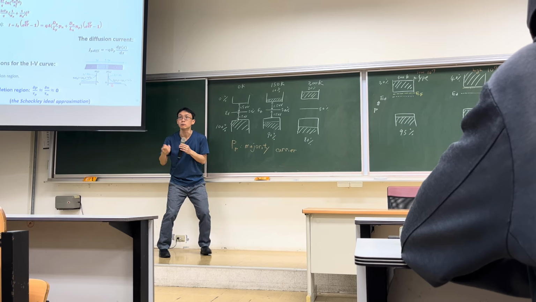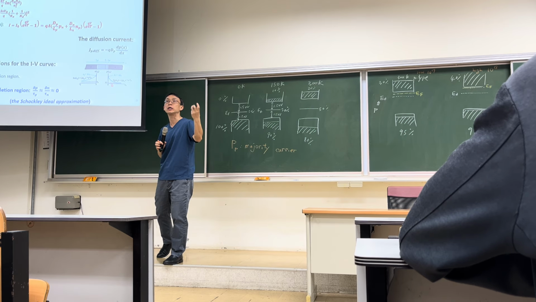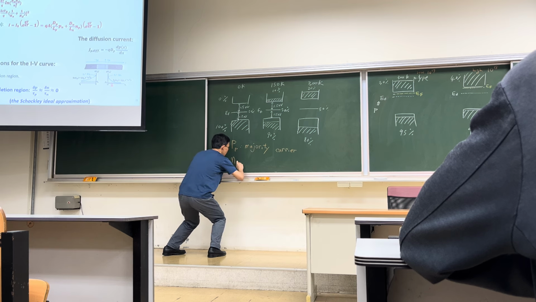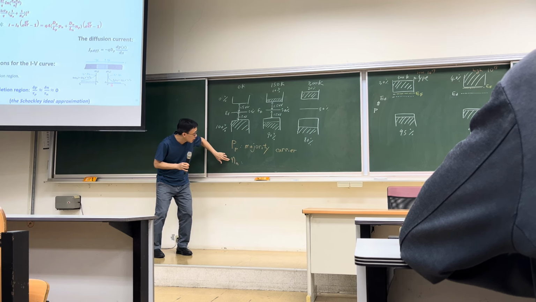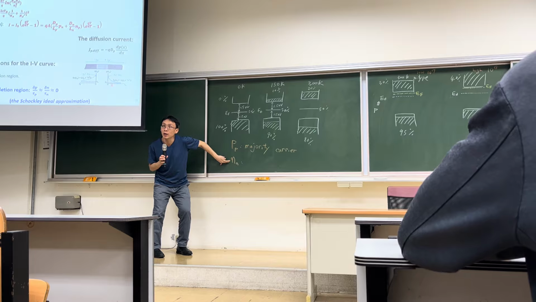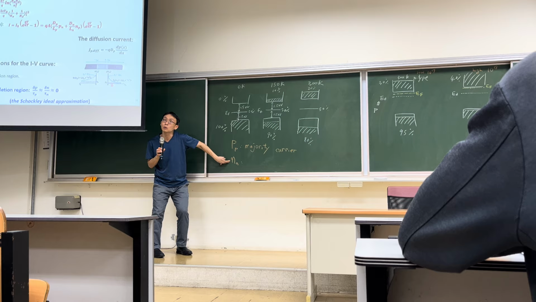The majority carrier is the holes in the P-type region. And again, this is the negative, which means the negative carrier in the n-type region, which is electrons. So we have two majority carriers, Pp or Nn.